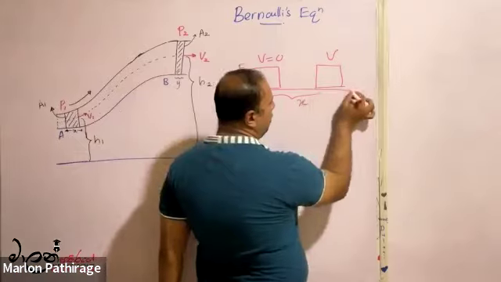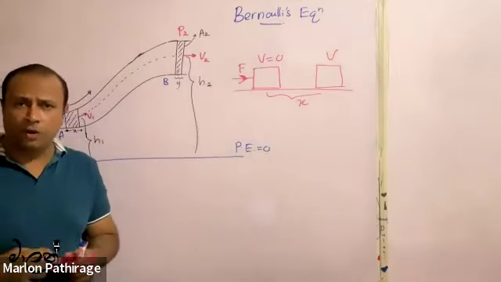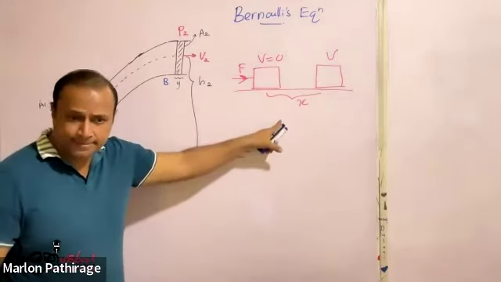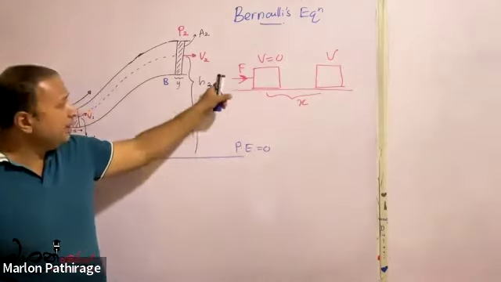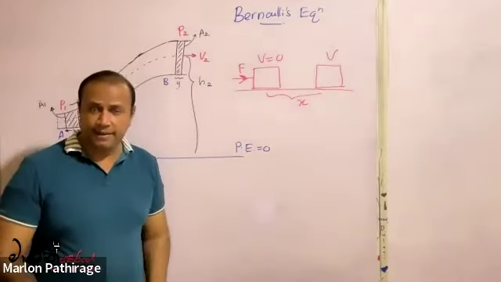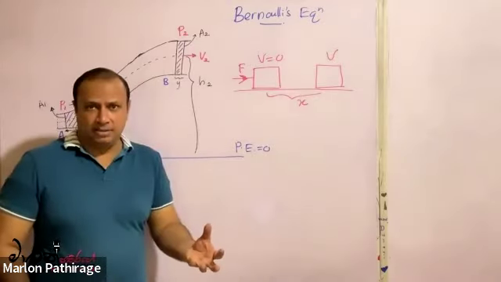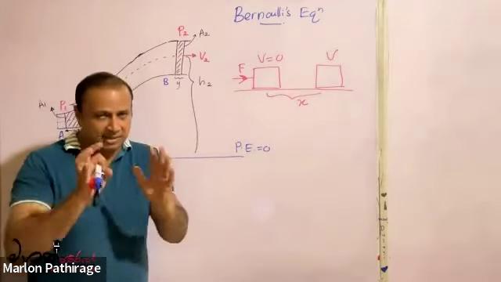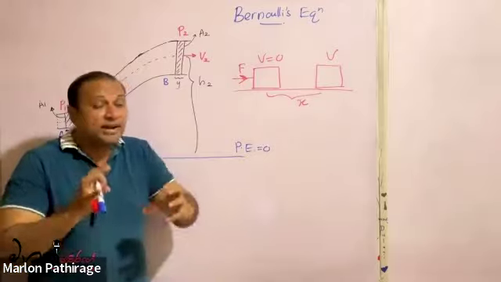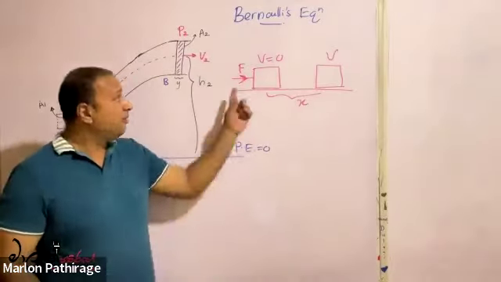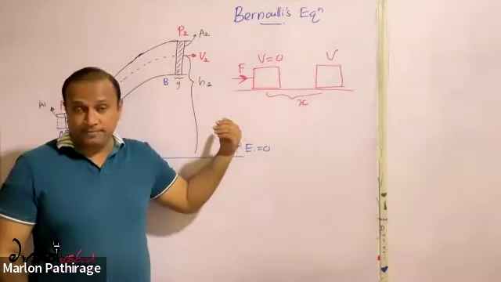Suppose the travel distance is x. Now, you know the work done by the force F is equal to Fx. So there is work done by this force F. I'm not asking the magnitude, I'm asking what is the work done by this force?